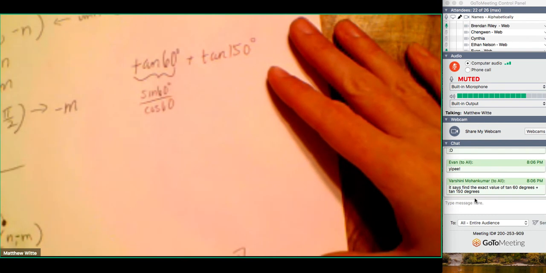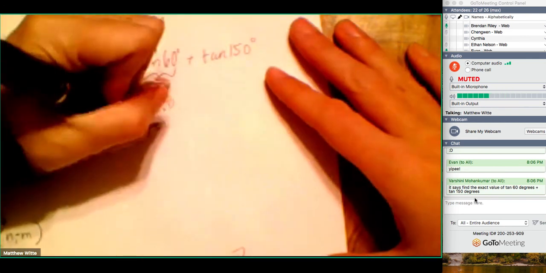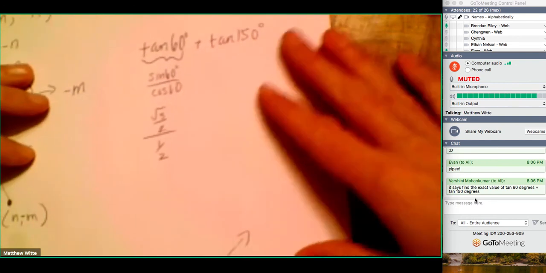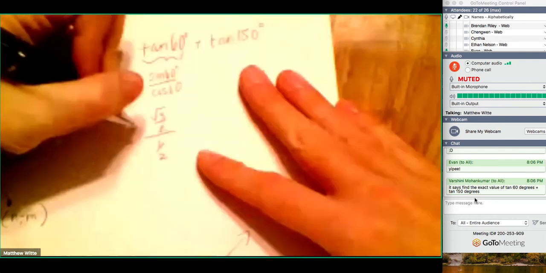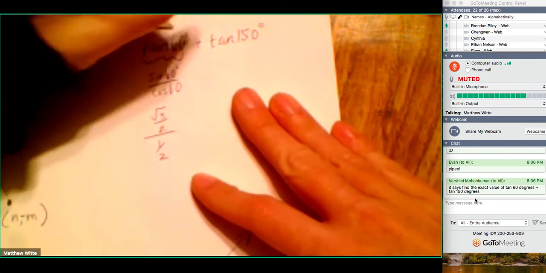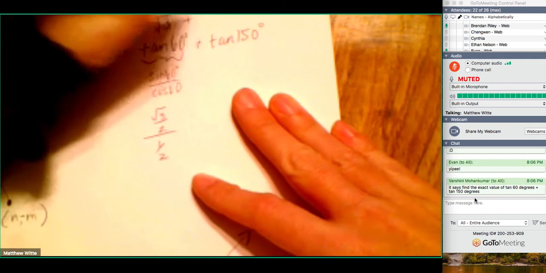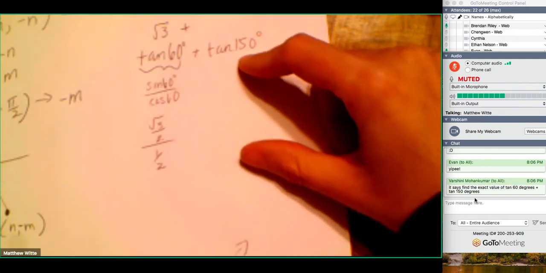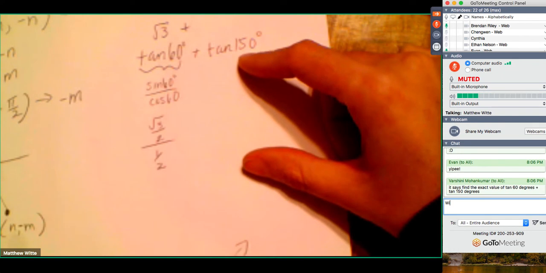You could just look at your unit circle and your coordinates at 60 degrees, but for some reason, I know what I have at 60 degrees. So I have the square root of 3 over 2 over 1/2. So tan of 60 degrees is just the square root of 3, plus the tangent of 150 degrees. So what is that, a 30-degree angle in the second quadrant?